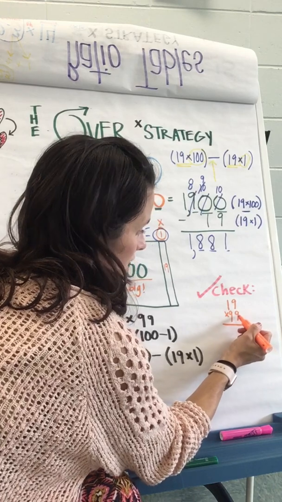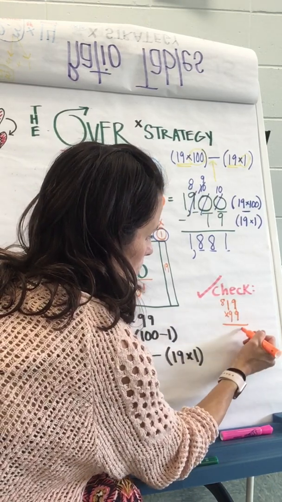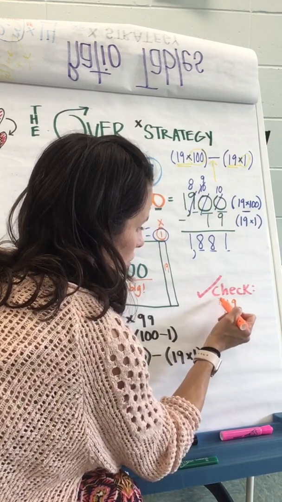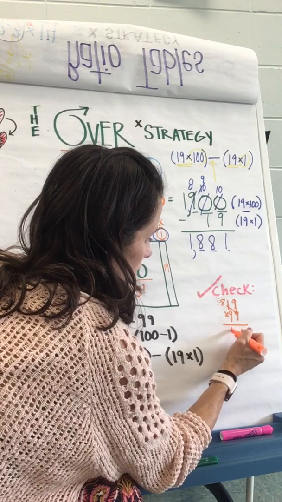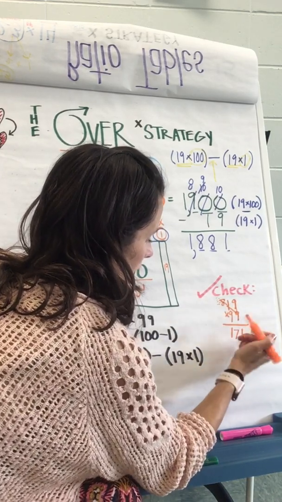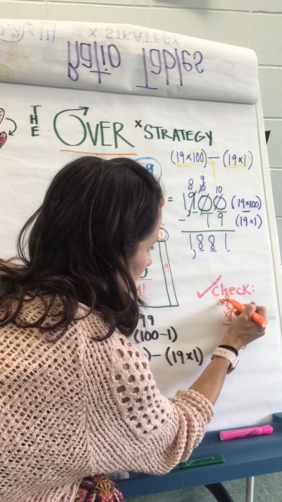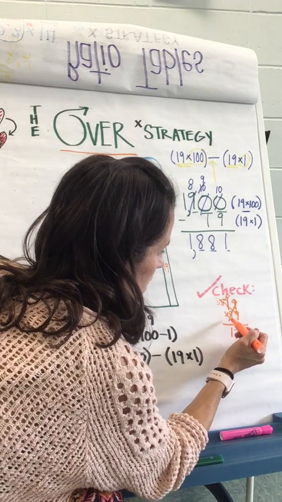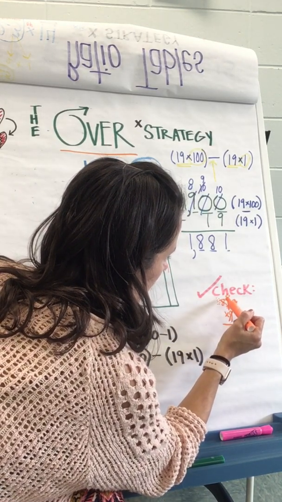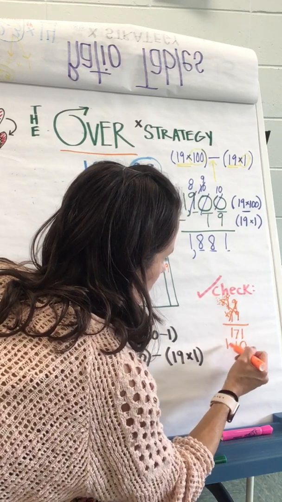So let's try it using the standard algorithm. 9 times 9, 81. 9 times 1 is 9. 10, 11, 12, 13, 14, 15, 16, 17. Okay. Placeholder 0. Now I can call this 9 instead of 90. So 9 times 9 again is 81. 9 times 1 is 9, plus 8, so 9, 10, 11, 12, 13, 14, 15, 16, 17.